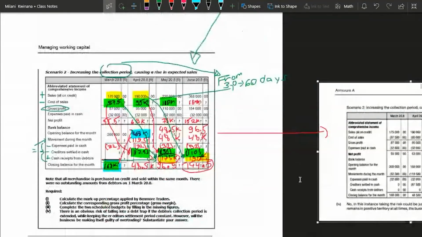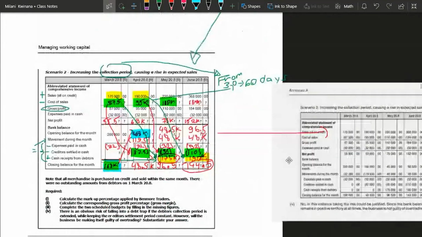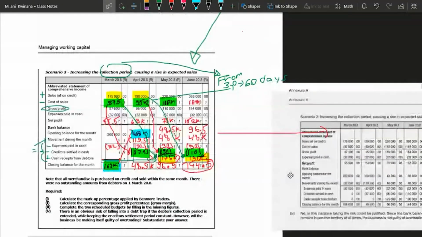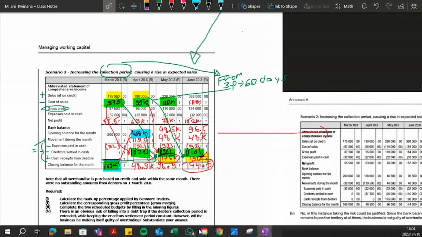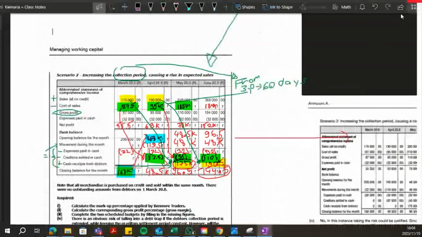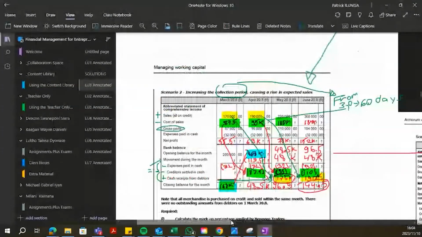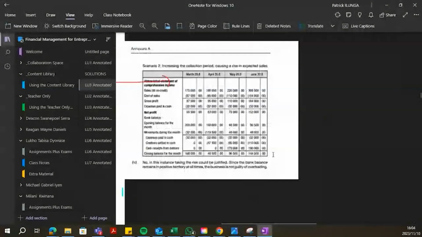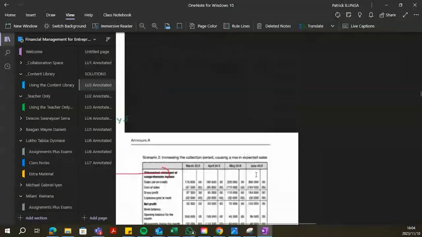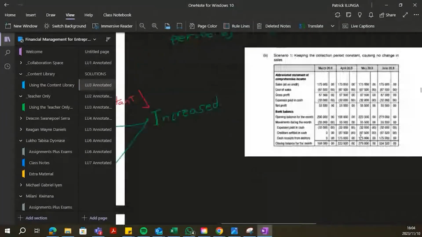So look at this scenario here. At the end of June, your closing balance is 144,000. For scenario number 1, at the end of June, it's 334,000.